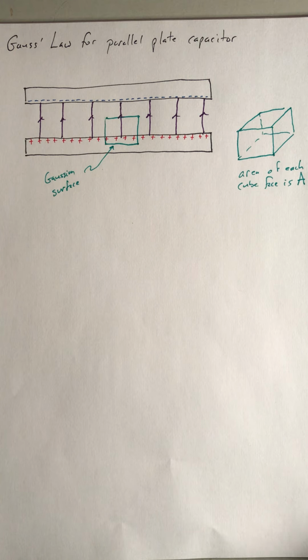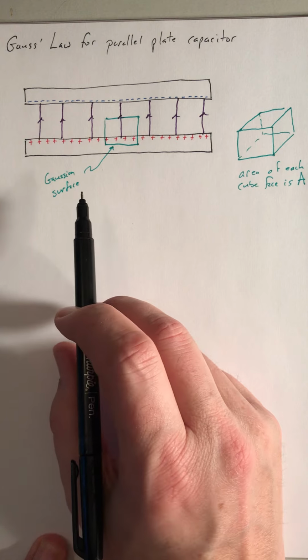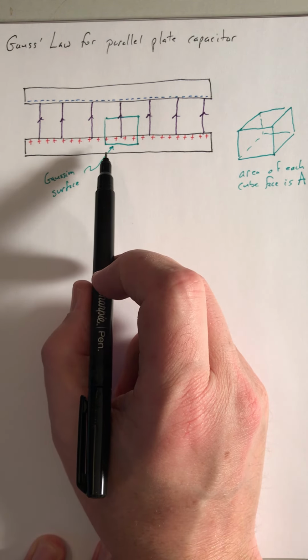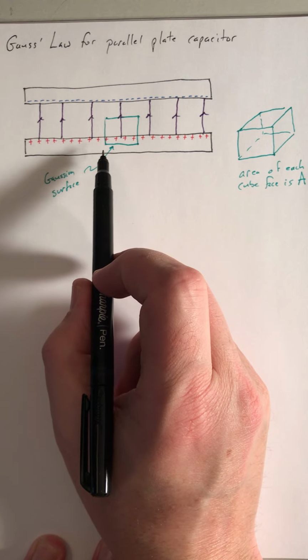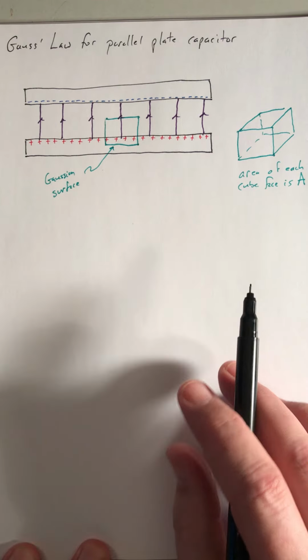Now, in applying Gauss's law, we're going to evaluate the flux of the electric field through all six faces of this cube.